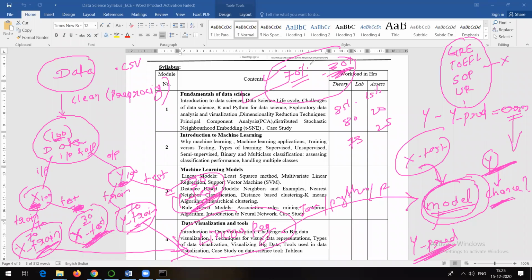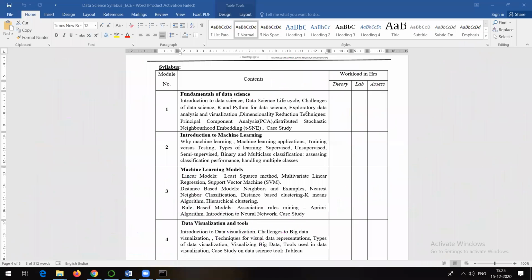So in simple words, that's how I explained the complete process of creating a model, which involves training and testing. So what is training data actually? Take the example of a newborn baby. We show him different things.